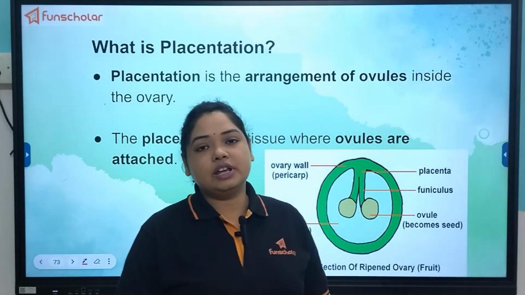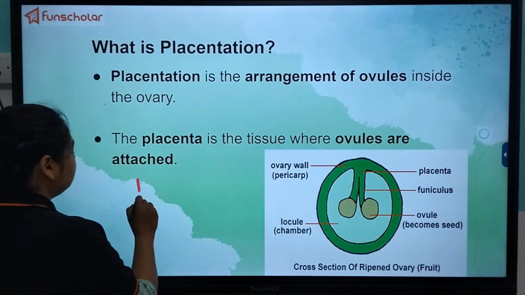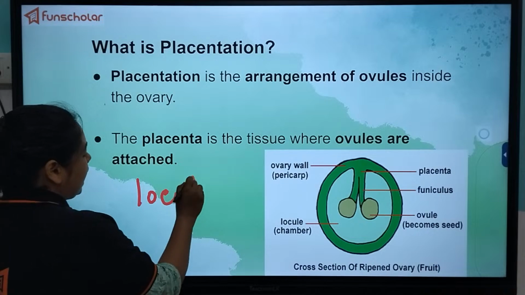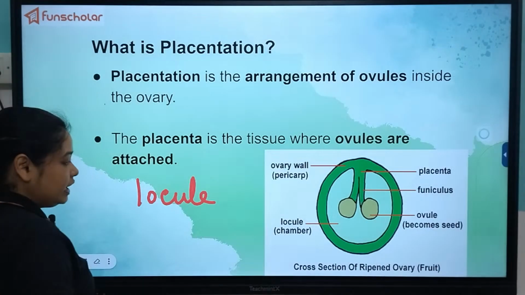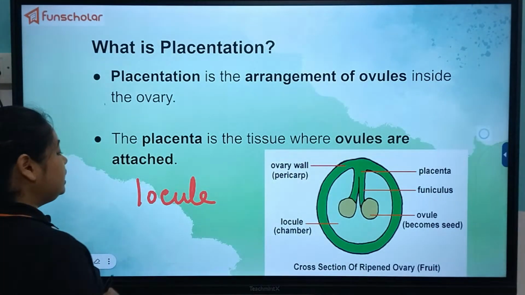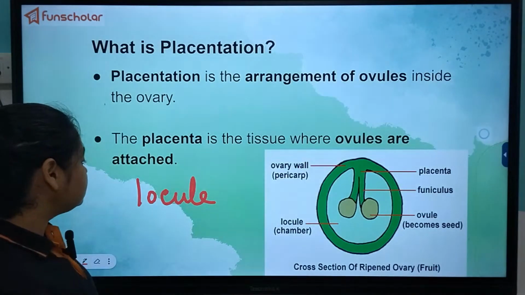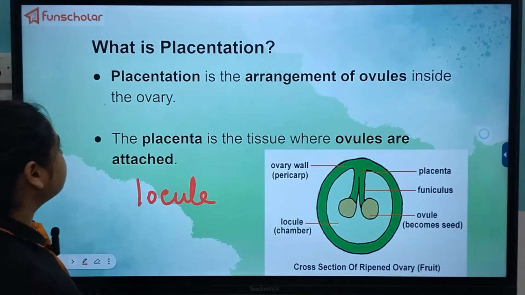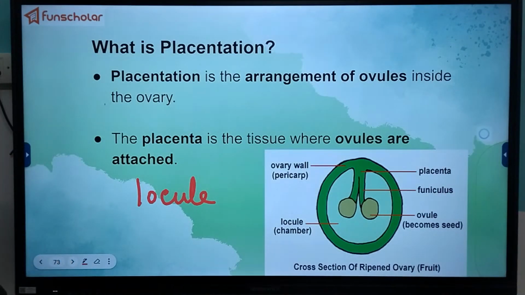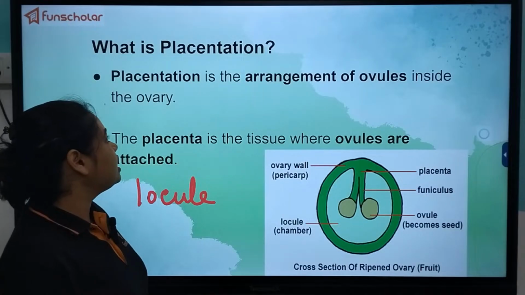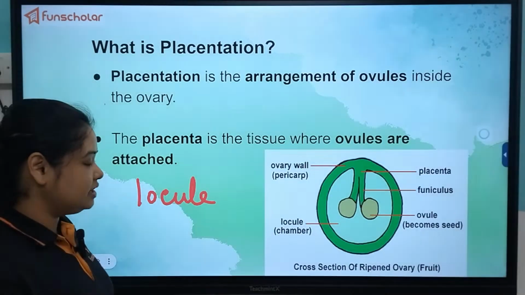The ovary chamber is also termed as locule, and the ovary can contain one locule or many locules. This is known as monolocular or multilocular. So, depending on the species, we'll now see what can be the different types of placentation.